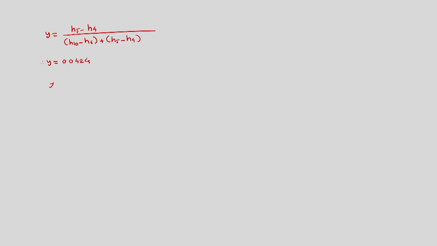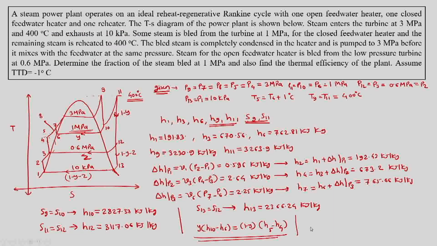Similarly, for Z, we know the formula Z is equal to 1 minus Y into H3 minus H2 divided by H12 minus H2, and this again can be written in terms of energy balance as Z amount of mass at enthalpy 12 is mixed with 1 minus Y minus Z at enthalpy 2, such that we will get 1 minus Y at 3.